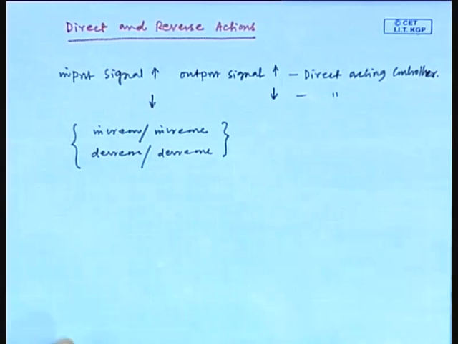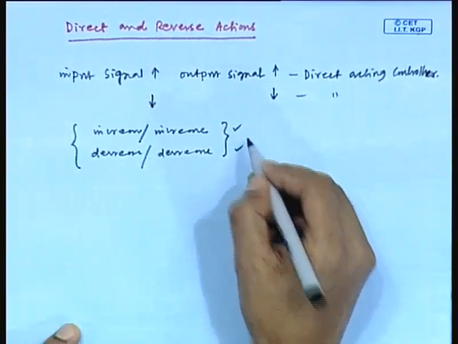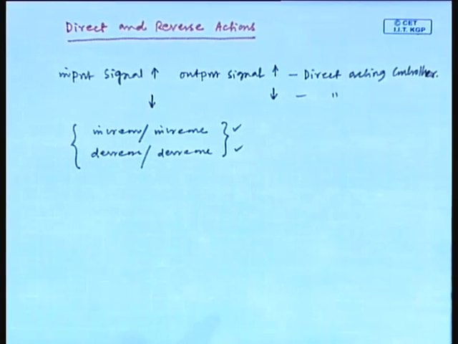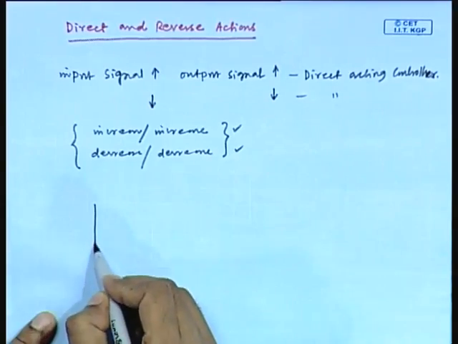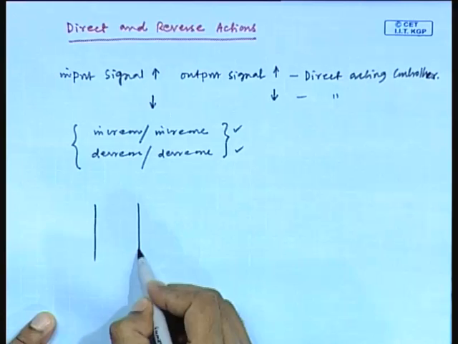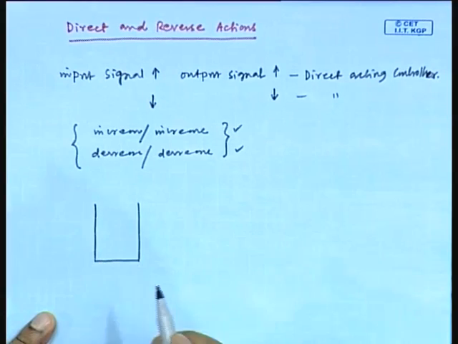Therefore, to indicate the direct acting controller, these two terms are used: one is increase, another one is decrease.